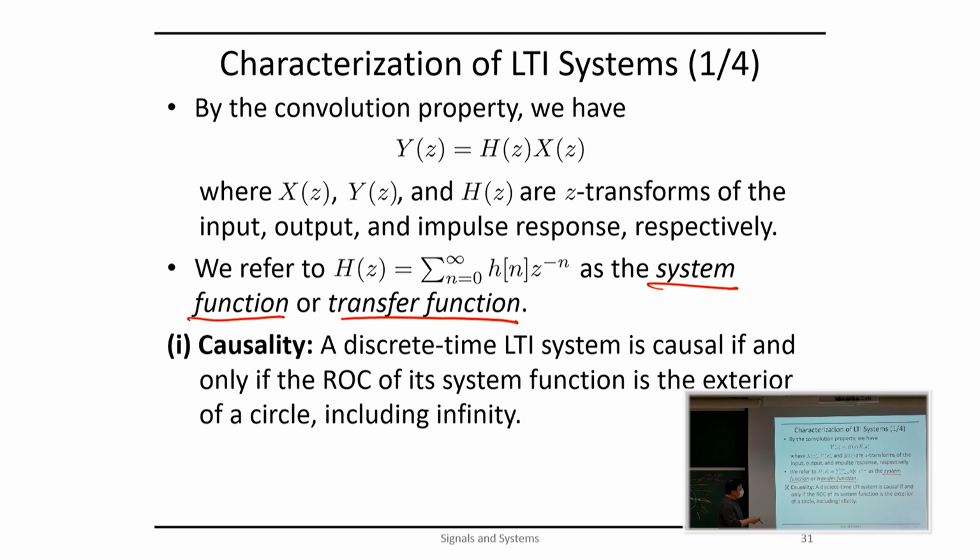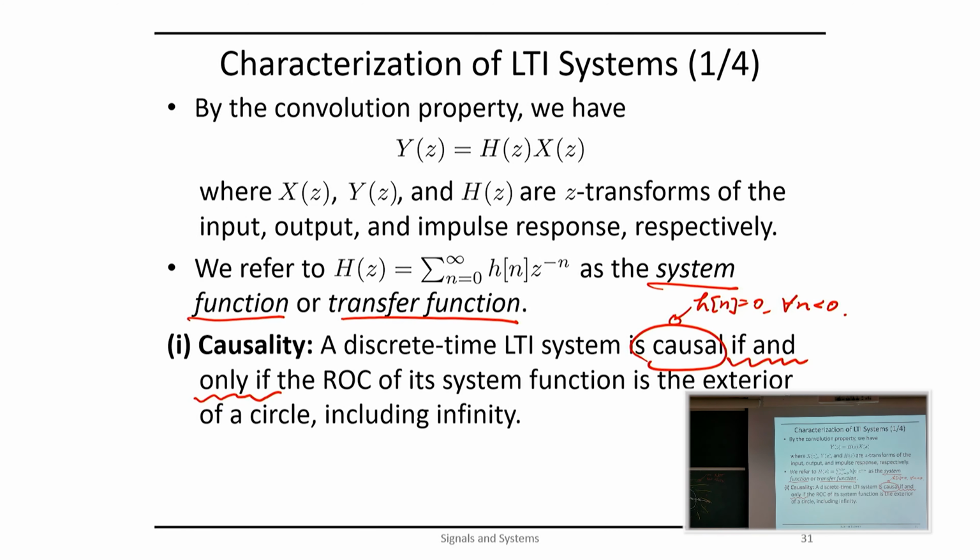These statements are also the same as for Laplace transforms, but there's a slight difference at the end. For causality, the statement says that a discrete linear time invariant system is causal, meaning h of n is 0 for all n less than 0, if and only if the region of convergence is the exterior of a circle, including infinity.